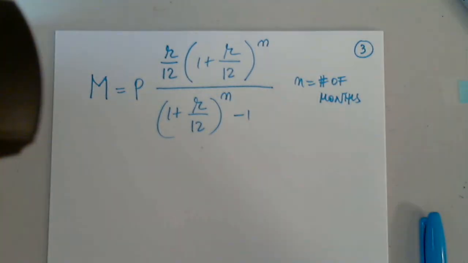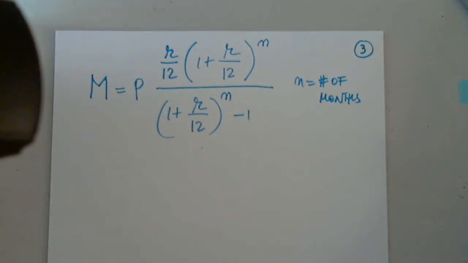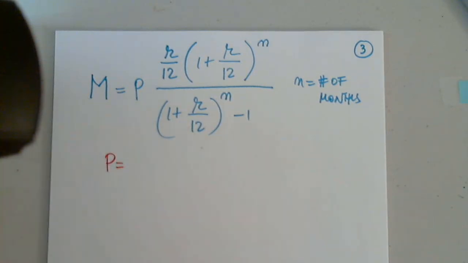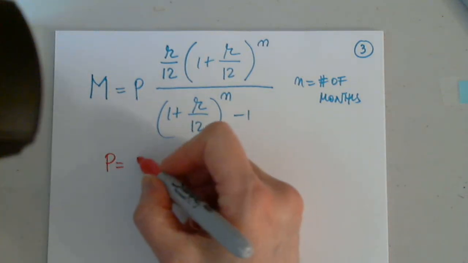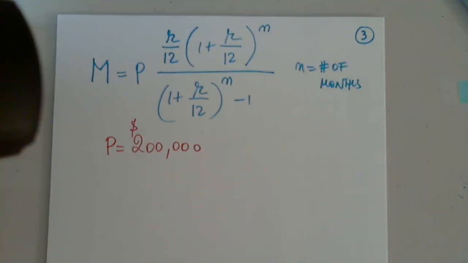Nobody wants to borrow money, but who considers at some point in time borrowing money? And how much? 20. Say it again. 20. Well, 20,000. Okay, let's say we want to buy a home and we want to borrow 200,000.